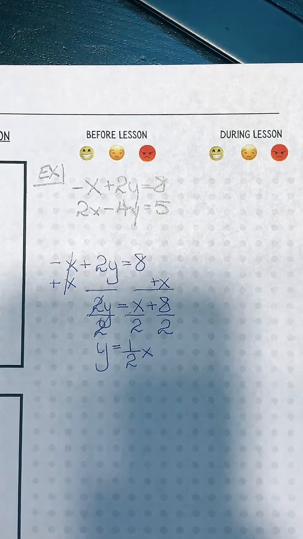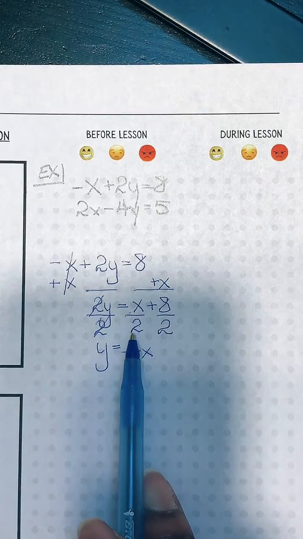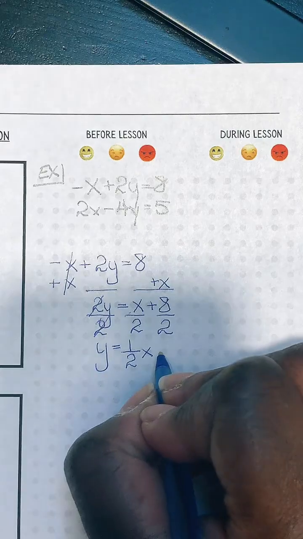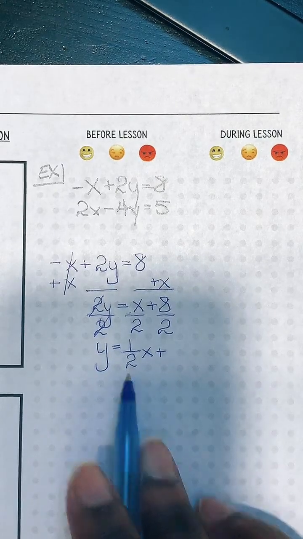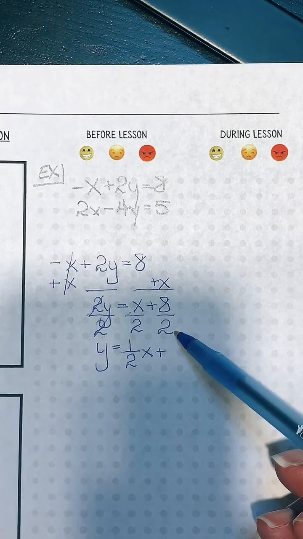Good. Okay, so there's a 1 in front of that x divided by 2, so 1/2 x. We want to keep it as a fraction because that's our slope. Now, plus 8 divided by 2. What would that give me?